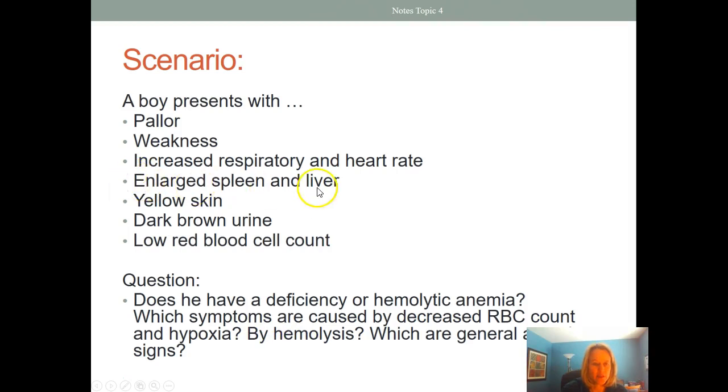Well, the enlarged liver and spleen, the yellow skin, the dark brown urine, okay, because it has the bilirubin in it, and low blood cell count could also fall under that. And then which are general anemia signs? General anemia signs are the signs that are common in all types of anemia, and that would be pallor, weakness, increased respiration and heart rate, and a low red blood cell count.